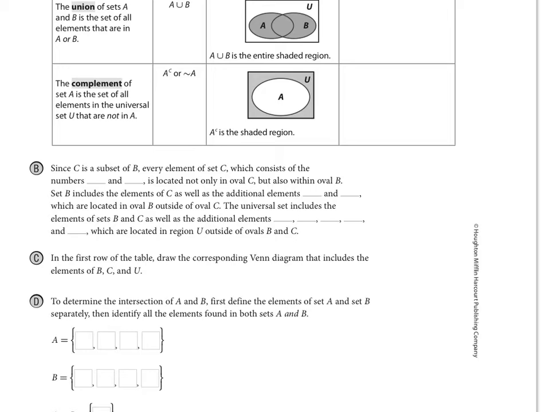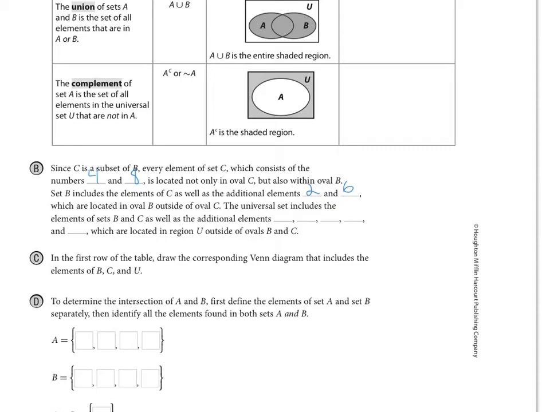So it says, since C is a subset of B, every element of C, which consists of the numbers, remember what C consists of is just the multiples of 4 less than 10, so that's 4 and 8, is located not only in oval C, but also 4 and 8 are within oval B, because oval B includes the elements of C as well as the other two numbers, 2 and 6. So as I place those numbers in the diagram, they're located in oval B but outside of oval C.